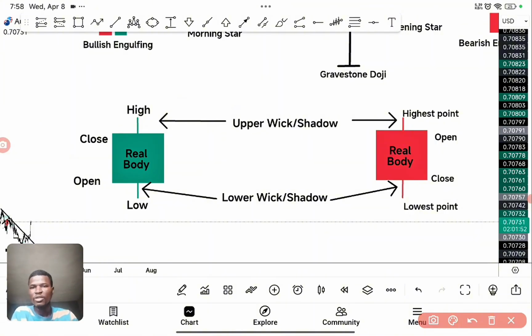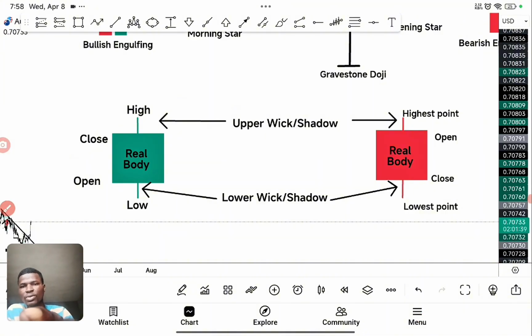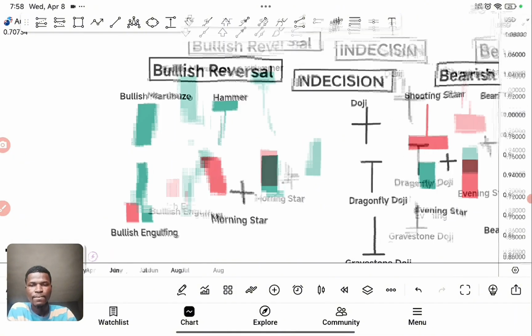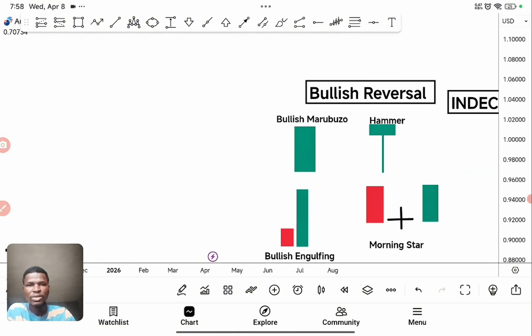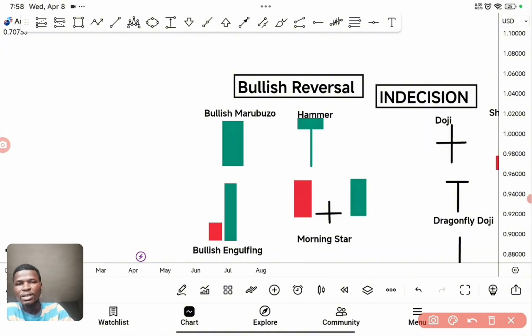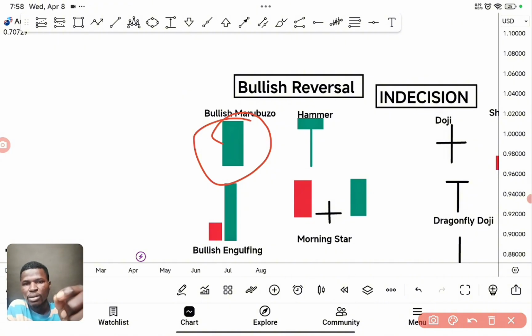Let me first give you a quick interpretation of what each candle does. Let's go to the chart. Okay, let's use this one as an example first. When you see a full candle like this with no wick or a tiny wick, we call that candle a bullish Marubozu.